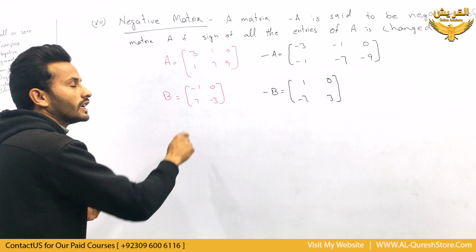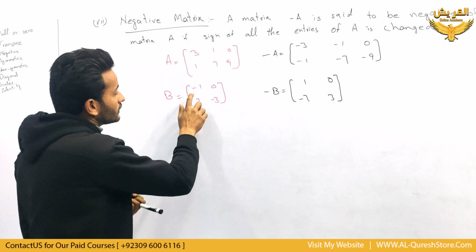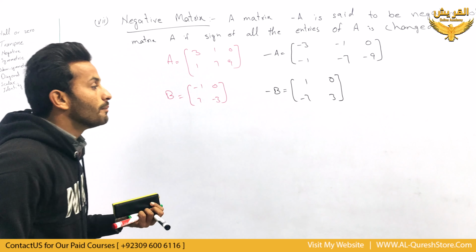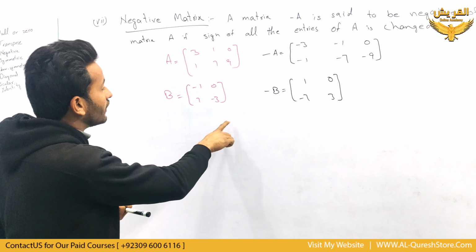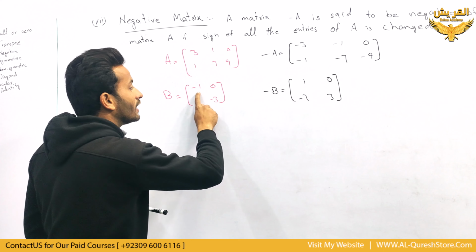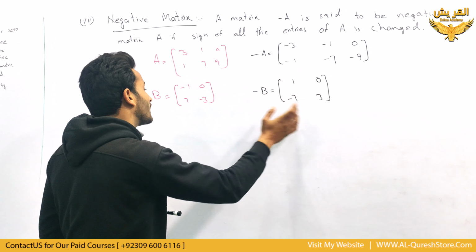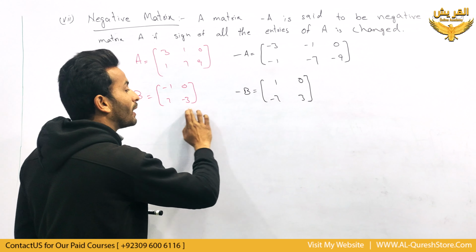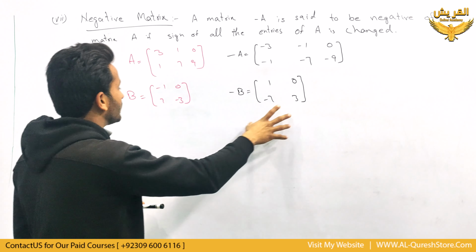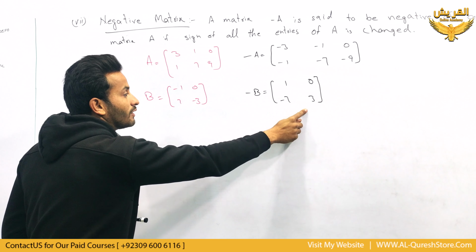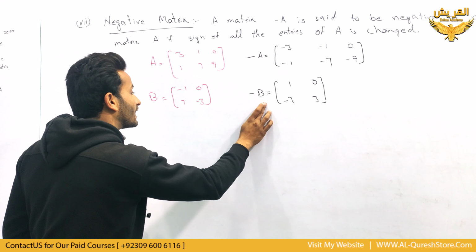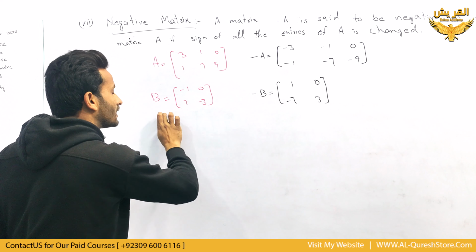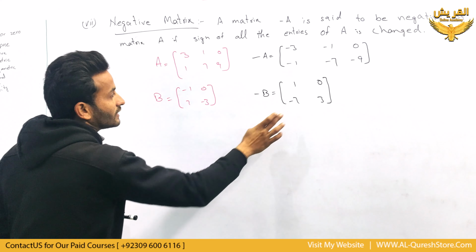We can also say that the sign is changed by multiplying all the entries by minus 1. So 1 changes into minus 1, zeros remain the same, 7 changes into minus 7 and minus 3 changes into plus 3. So this is the negative matrix of matrix B. Same here, we can say that this matrix is the negative of this matrix.